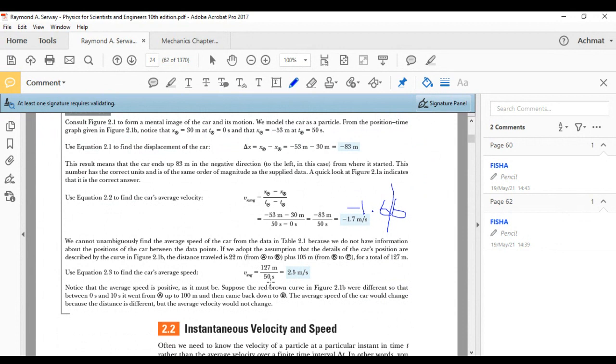What is that? Let me just check quickly. This is what your calculator will give us, 2.54. That is the answer that the calculator would give for this calculation.